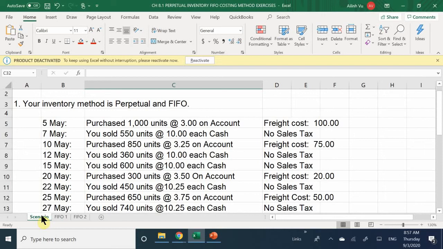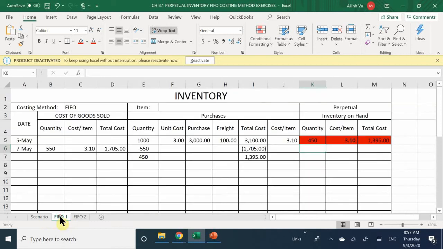Okay, 50 at 325. Freight cost of 75. So under the purchase column, quantity, you put one. Hold on. So May 10.